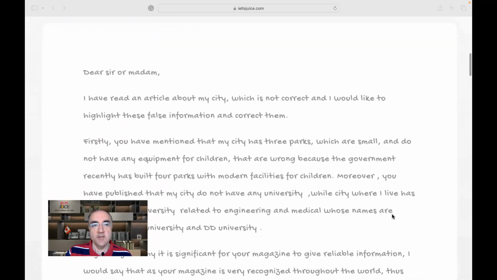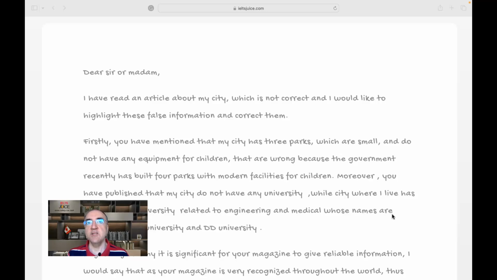Here's the letter. So every time before we write a letter, I would like you to use your imagination. So imagine you are inside the office of that magazine and you are going to receive a letter like this.